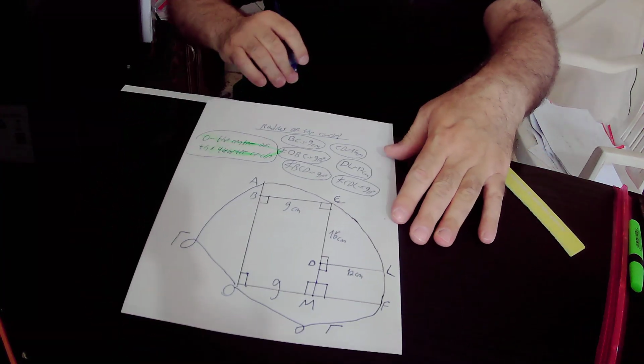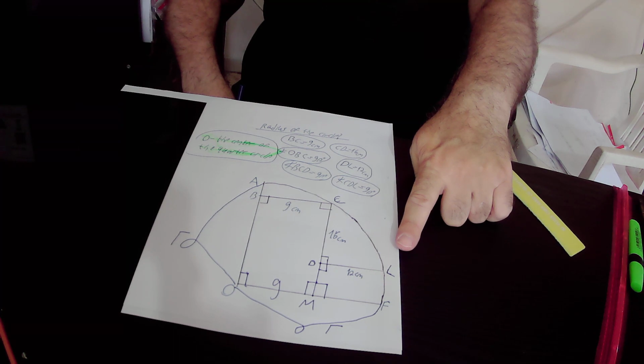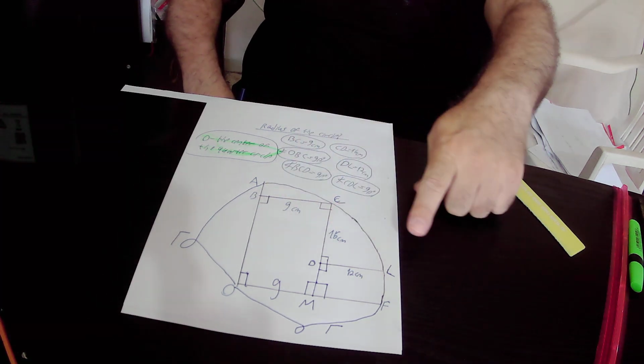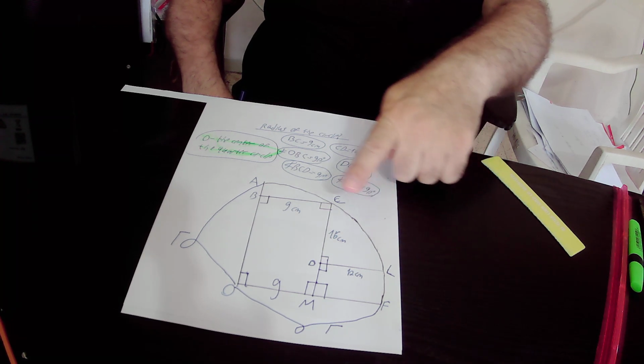In the next step, we'll focus on point L, and from point L, we'll draw a perpendicular on the radius OF.